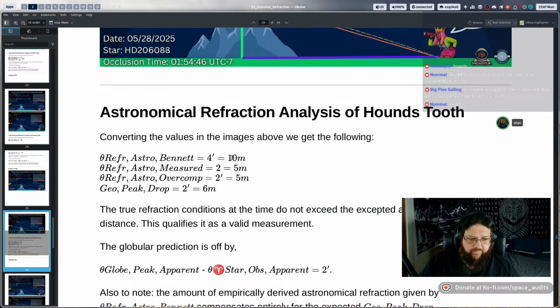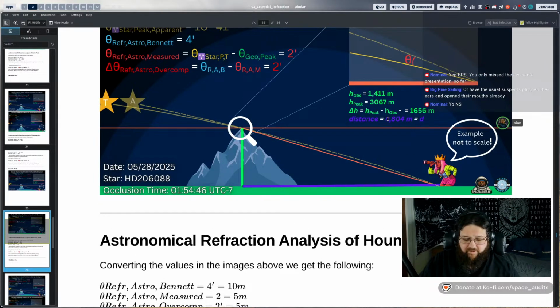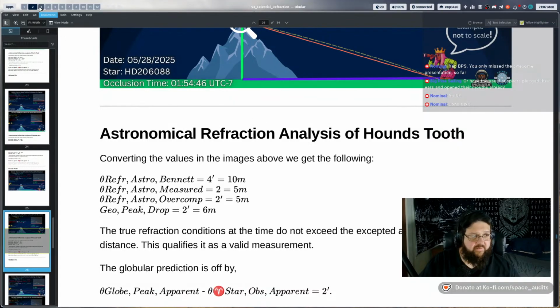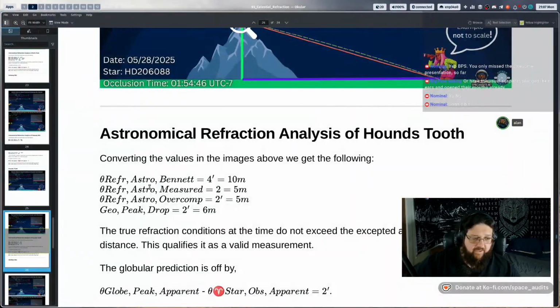Now we have 10 meters in lift over that distance. It's only a 5.4 mile distance there. So there's only, I think, 8 meters of drop over distance or something like that, or 6, something really tiny. 6 meters.